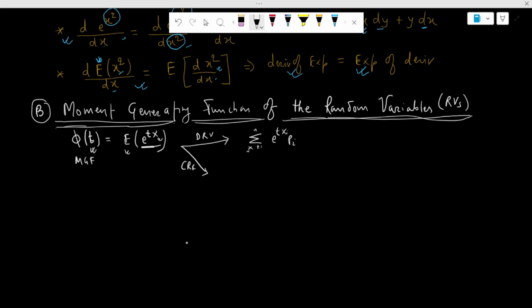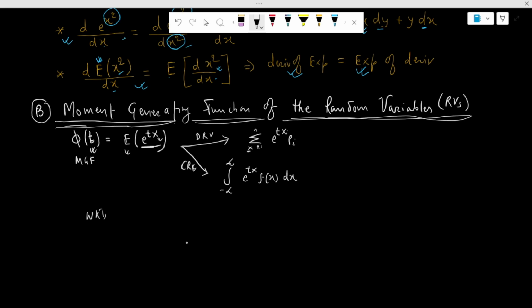Now let us see the continuous random variable. We integrate from its lower bound to upper bound, say minus infinity to infinity, of x times the probability density function f(x) with respect to x.